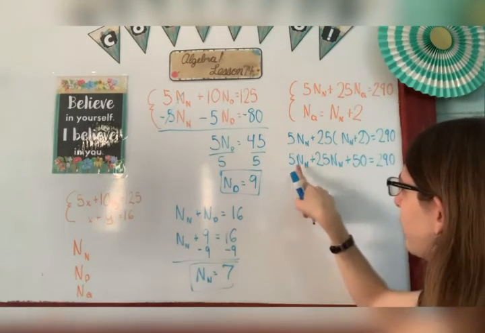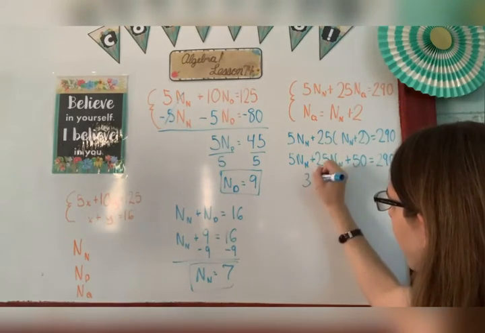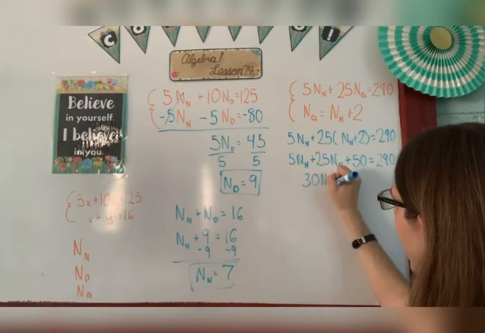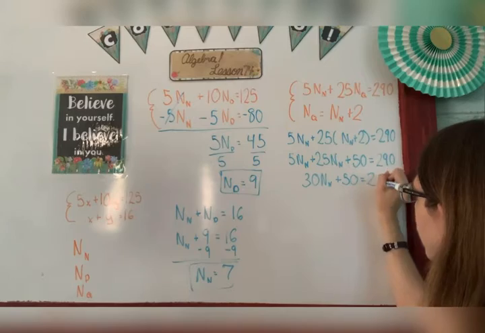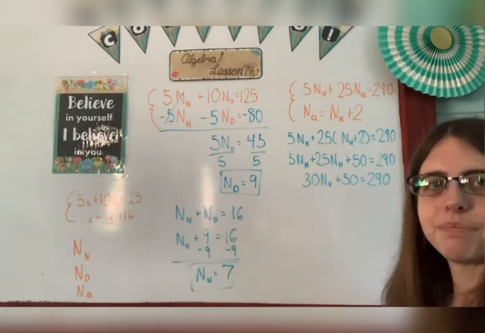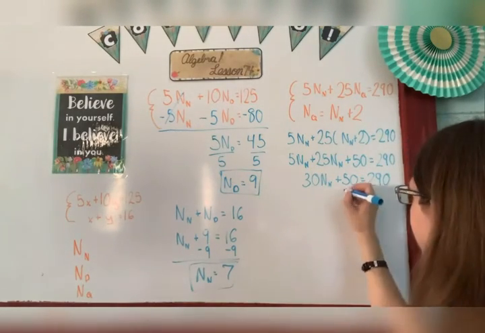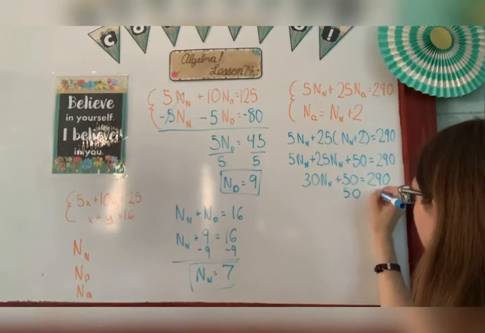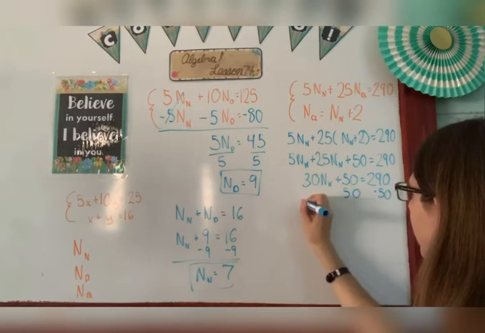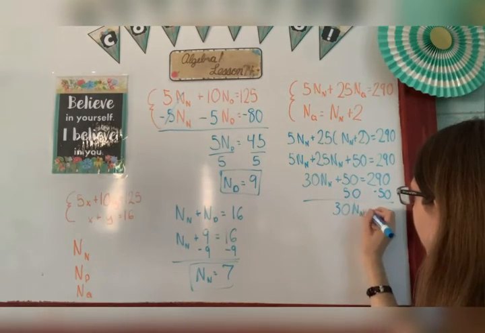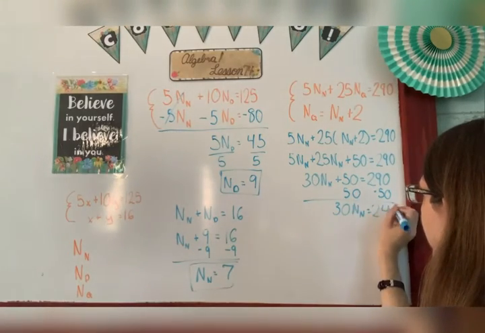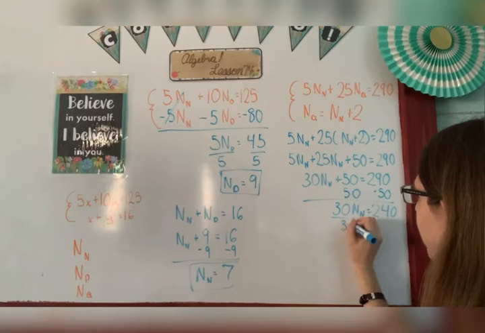Combine my terms, 5 plus 25 is 30, so I have 30n_n plus 50 equals 290. Now I subtract my 50 from both sides, so I'm left with 30n_n equals 240. Divide both sides by 30.